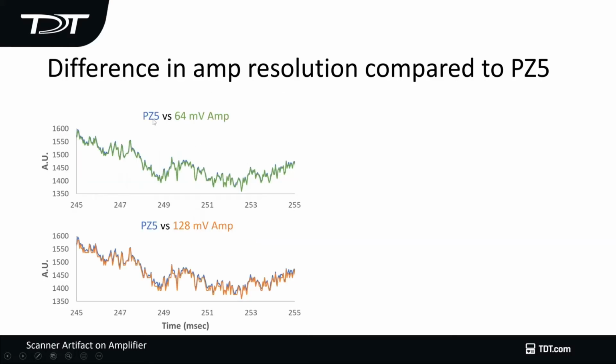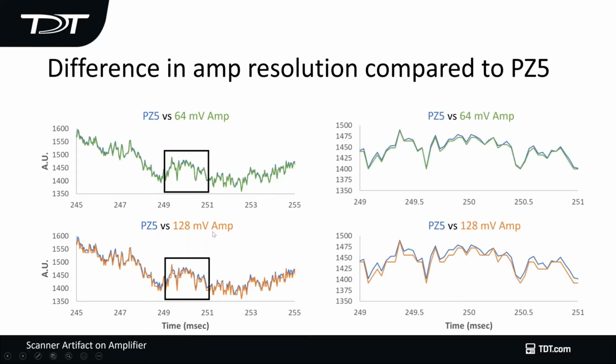So for example, here's a PZ5 versus a 64 millivolt amp. If you look over a 10 millisecond range, there isn't much difference. Same here. You can see small variations when you compare it to 128 millivolt range. But when you get to looking at the 1 millisecond time scale, you start to see that the signal is really distorted and smoothed out compared to that of the PZ5 amplifier.